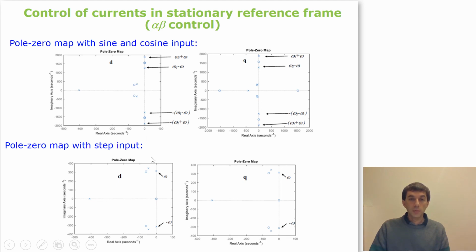This means that the transient response is given by the same dynamics because we have the same poles. And what changed is the steady state: for step inputs we have only one frequency, omega, while when we have sinusoidal and cosinusoidal inputs, we have at the output two frequencies, omega 1 plus omega and omega 1 minus omega.